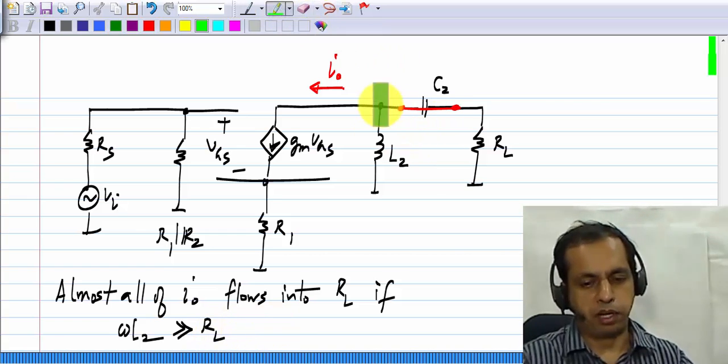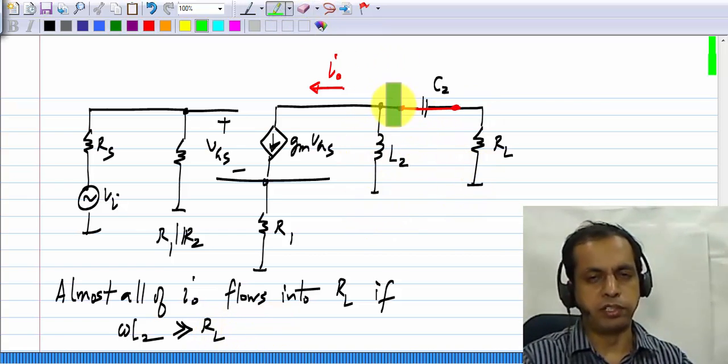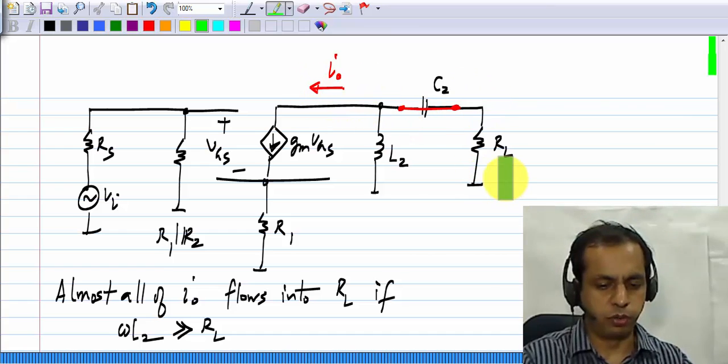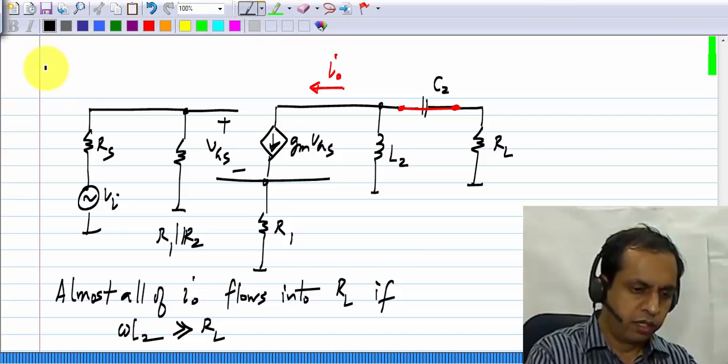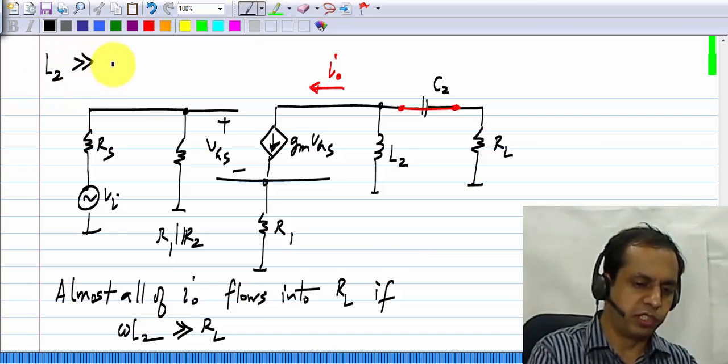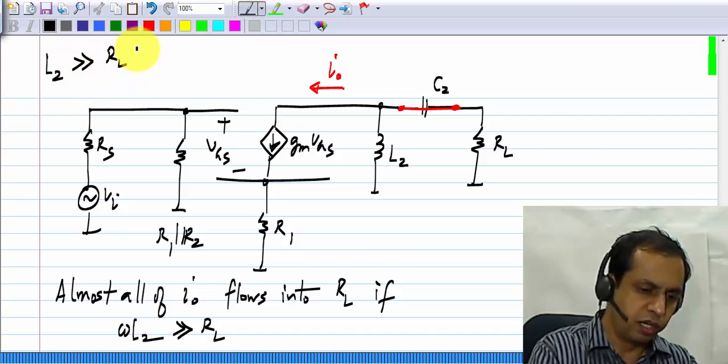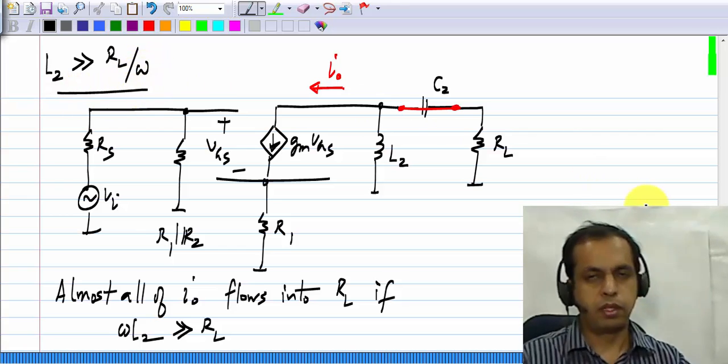So you have a parallel combination of impedances, and one impedance is much higher than the other, so all of I0 will go into RL. So that's how you have to choose L2, right? For L2 there is a minimum size constraint. L2 has to be much more than RL by omega.